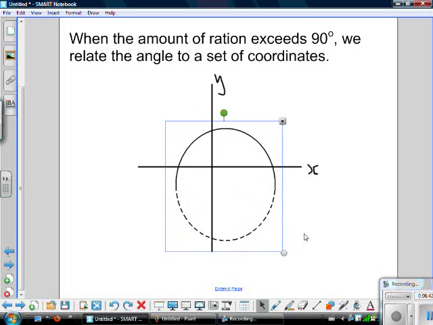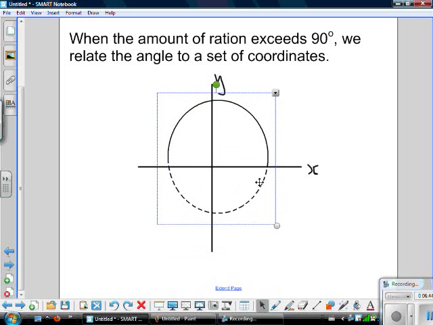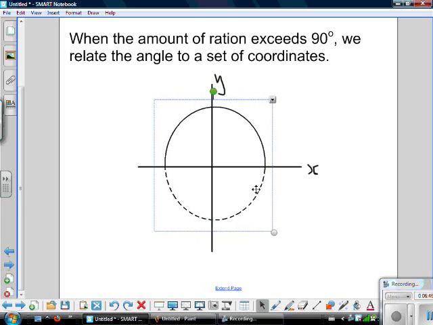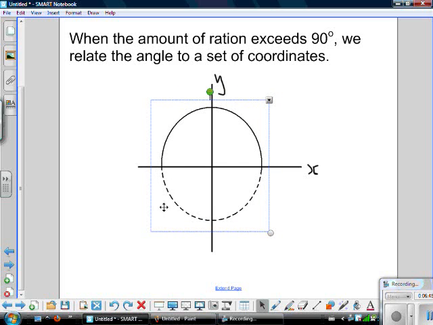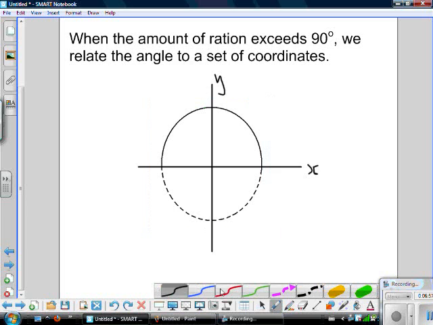So here's my unit circle. I'm going to put it here. Okay, now if you notice I have dotted lines down here, and the reason being that today we're only concerned with going to 180 degrees, but eventually we will go right around that circle.